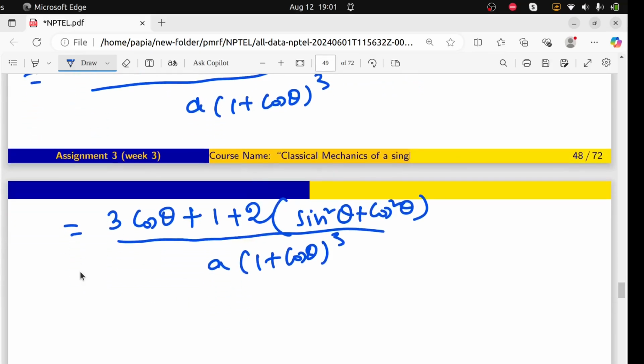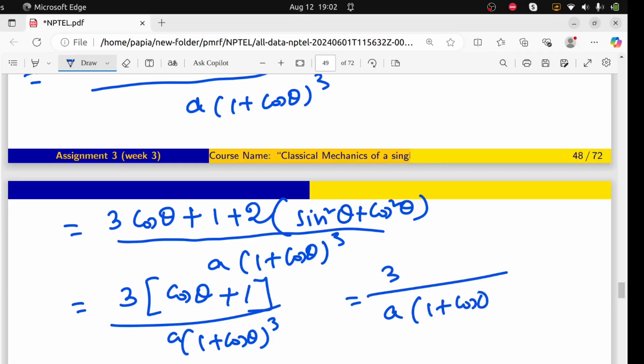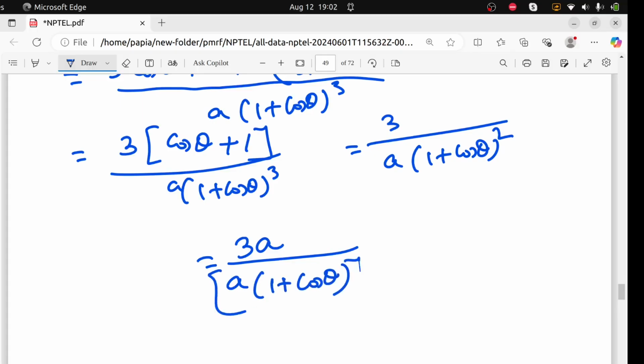Right? So cos theta plus 1 over (1 plus cos theta) whole cube. So it is like 3 by a (1 plus cos theta) whole square. So I can write it as 3a divided by a (1 plus cos theta) whole square, and it is 3a by r square, which is 3a u square.